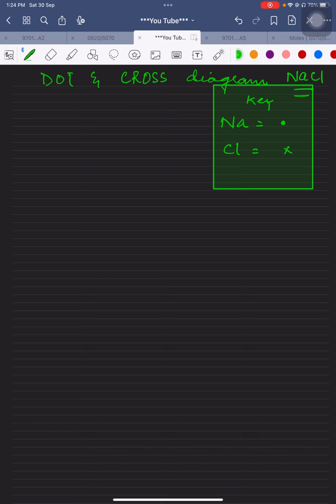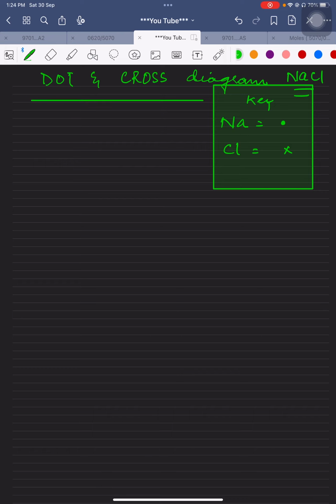But this process of representing the structure has a name, and that is called a dot and cross diagram. So it is advised that you always make the key at the side and mention that you are taking dot for this and cross for this, and never change the electrons. I mean to say that here I have mentioned the dot for sodium, but when I'm drawing, I should not take cross for sodium. So please be aware of that fact.